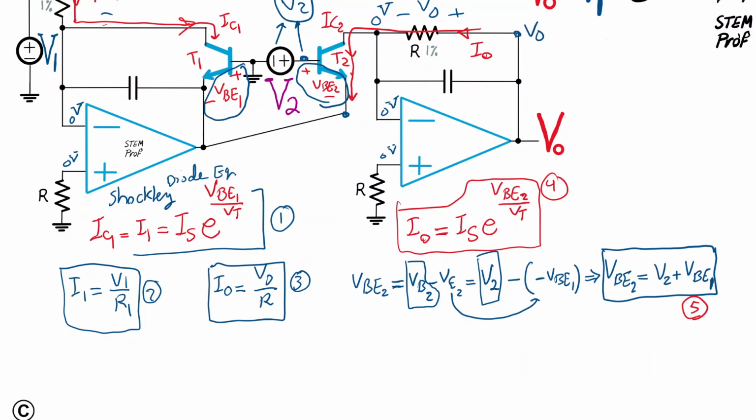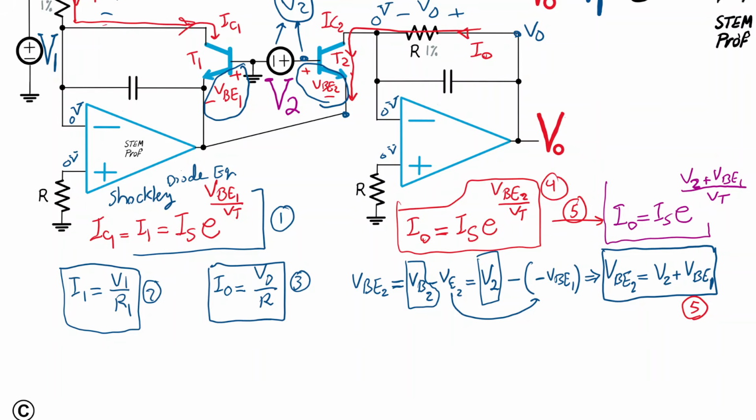Okay, so if I substitute 5 in 4, then I get this follow-up equation, which is I out equal to IS e to the power V2 plus VBE1 divided by VT.